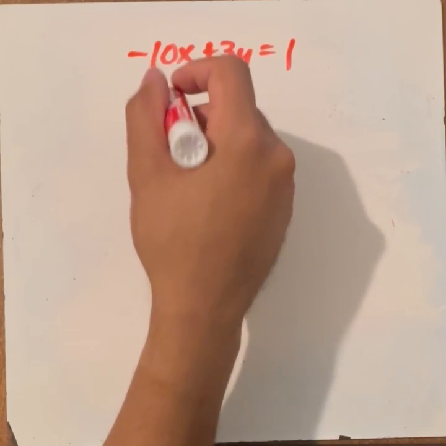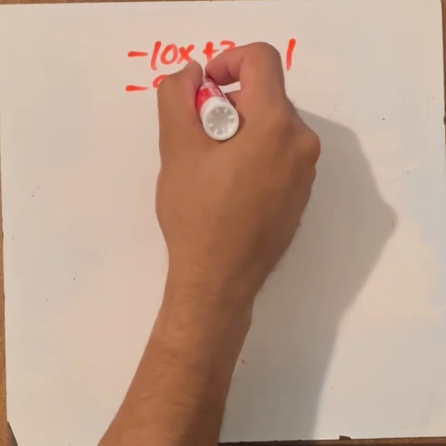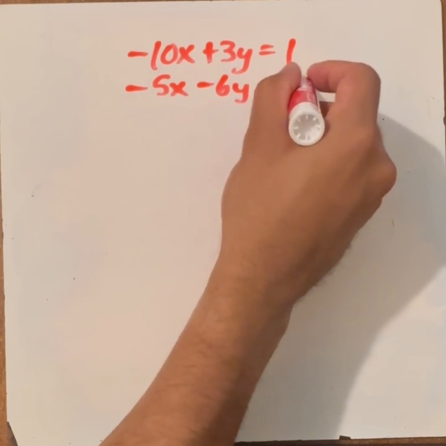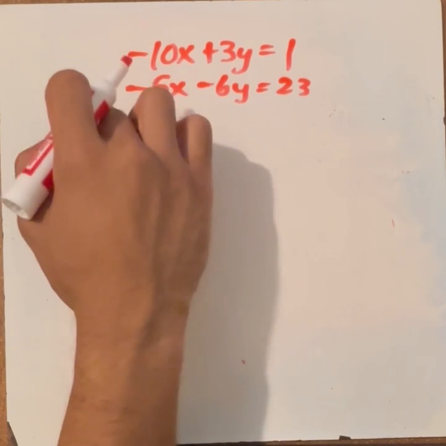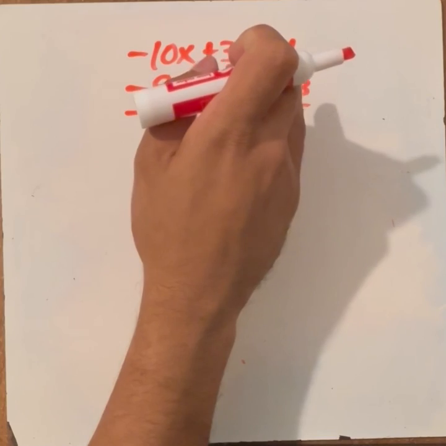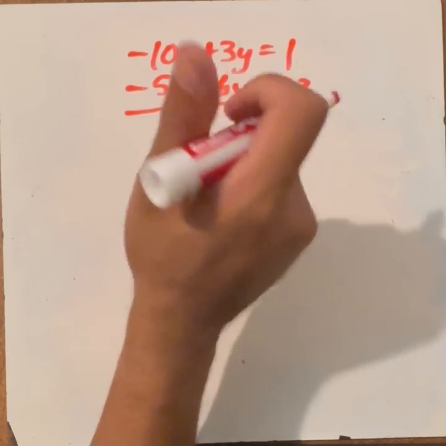Let's say that the other equation that they give us is negative 5x minus 6y equals 23. Okay, so if we were to combine these equations, no x or y would be eliminated.